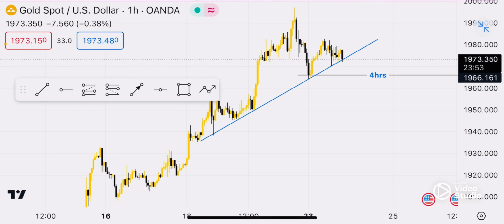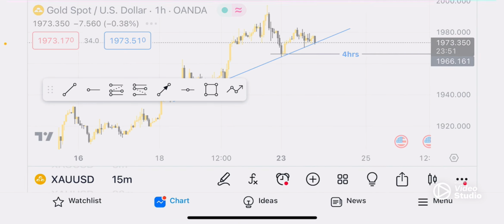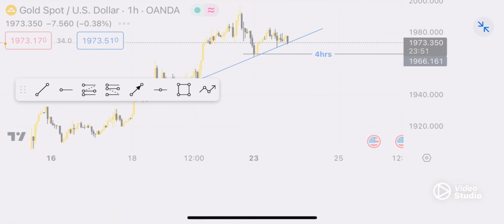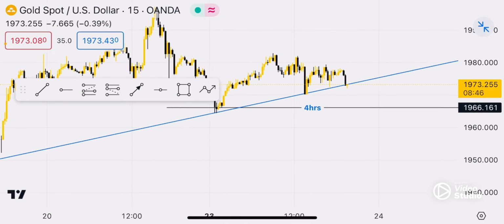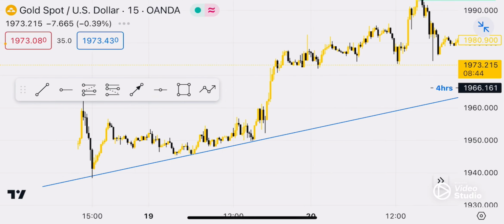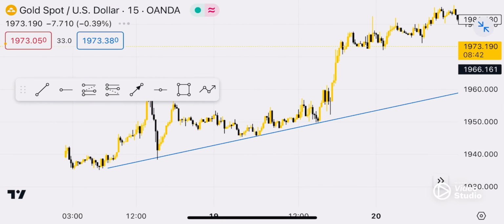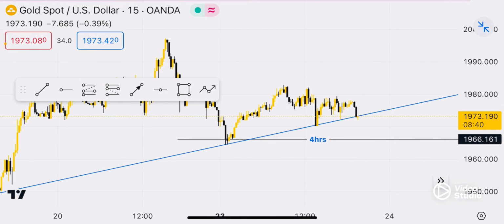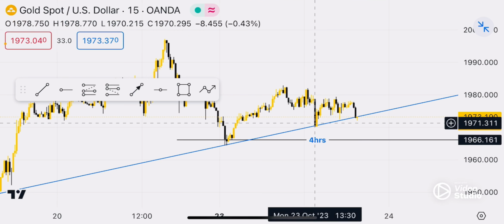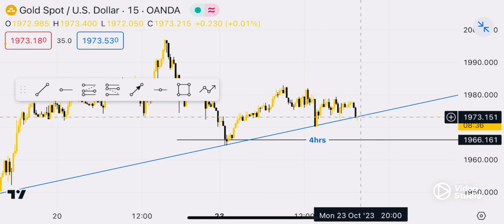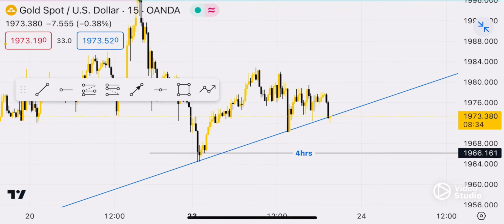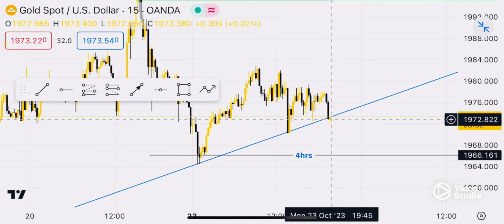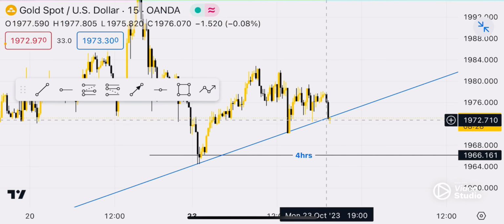Let's see what comes on the 15-minute time frame. We can see that the market has been expecting this trend line. It's verified. Even today, the market expected it, and even now it's currently expecting it. But I'm not really paying attention to this movement now, because it's almost New York close.